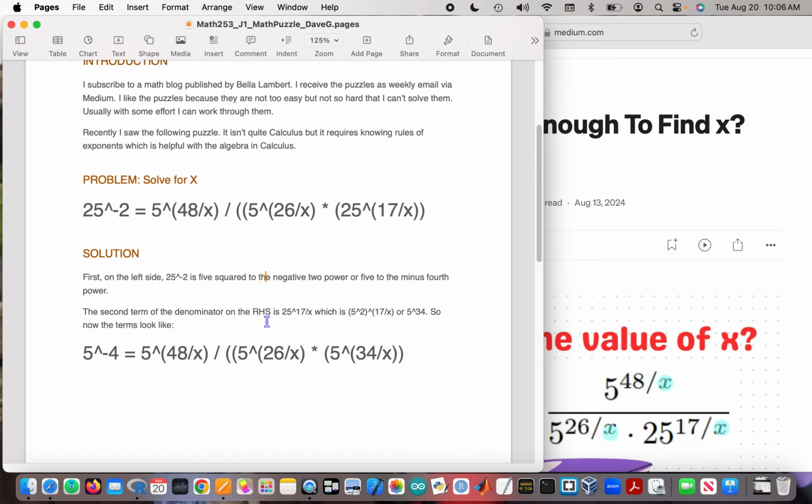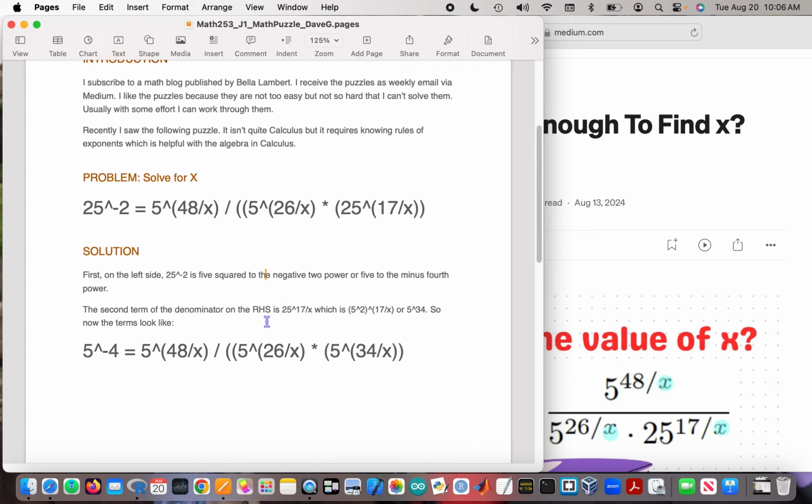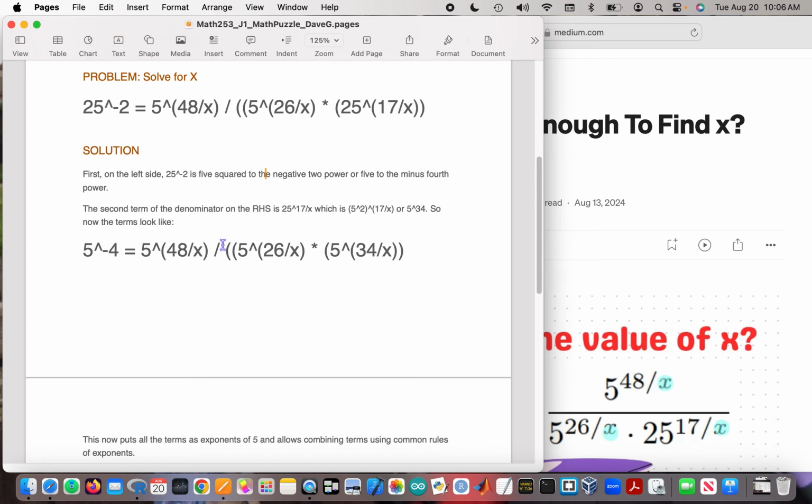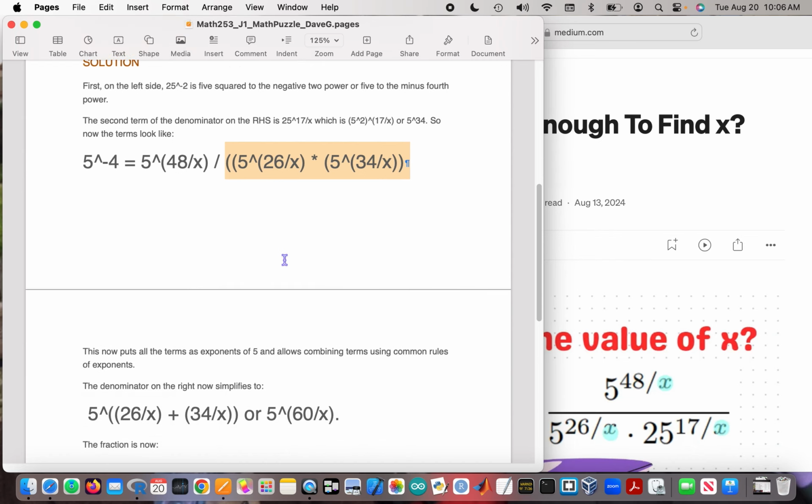Now all the terms in this expression have the same base, and the math gets a little bit simpler. Look at the denominator of the expression on the right. 5 to the power of 26 over x times 5 to the power of 34 over x is the same as the sum of those two values, or 5 to the power of 60 over x.